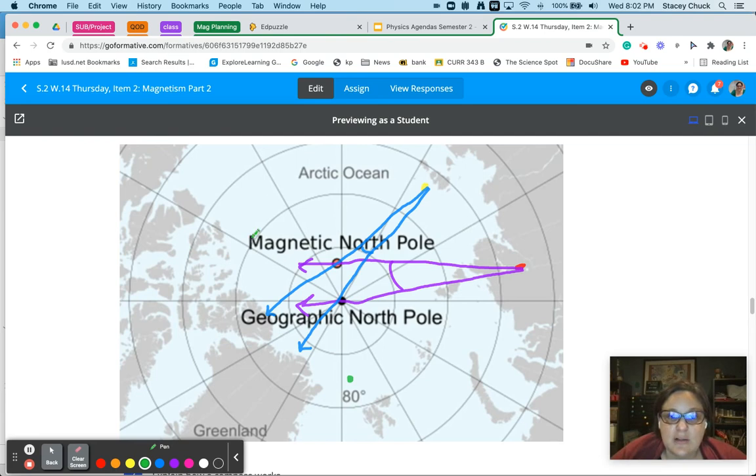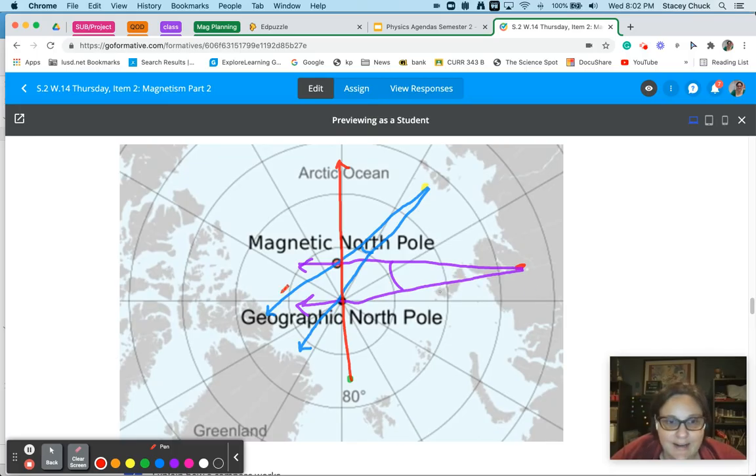You can't just be dropped somewhere on the planet having no idea where you are and be able to use a compass to navigate, because if you are somewhere where it lines up, then your compass is pointing due north. If you are somewhere in between, on either side, you have to know that angle. Otherwise, if you start traveling where you think you're going north, you're actually going several degrees to the right of where you actually want to go.